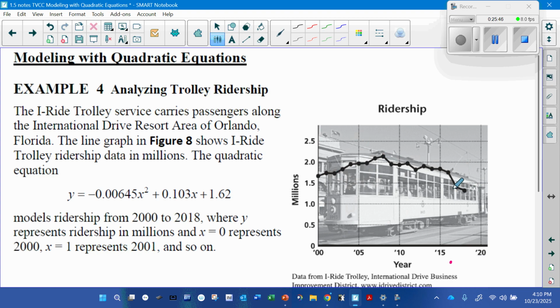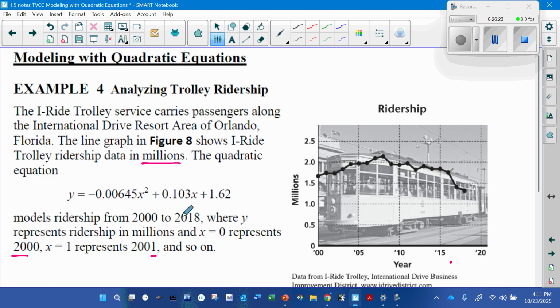It shows the IROD trolley ridership data in millions. So the quadratic equation is y equals negative 0.00645x squared plus 0.103x plus 1.62. So this models ridership from 2000 to 2018, where y represents the ridership in millions and x equals 0 represents the year 2000. So if x is 1, that represents 2001.